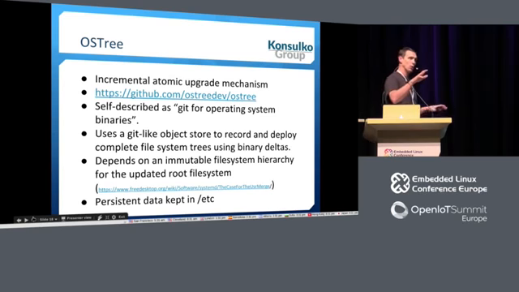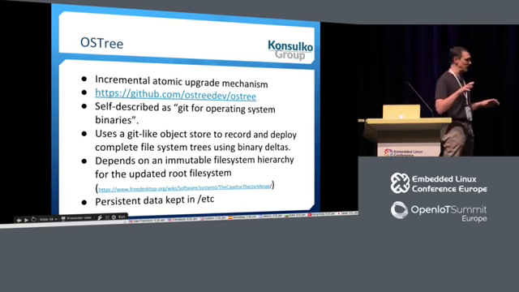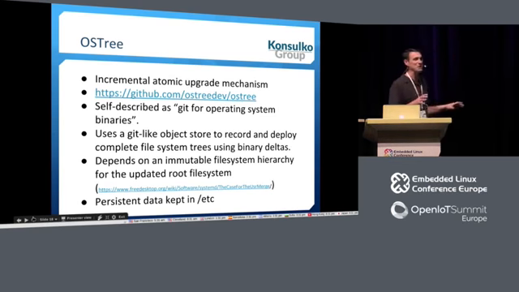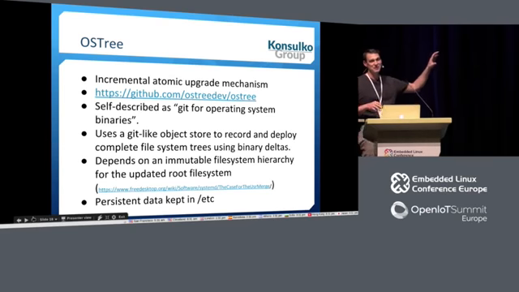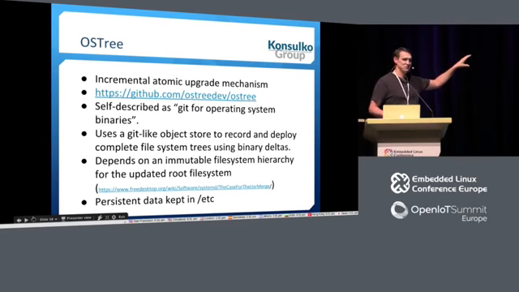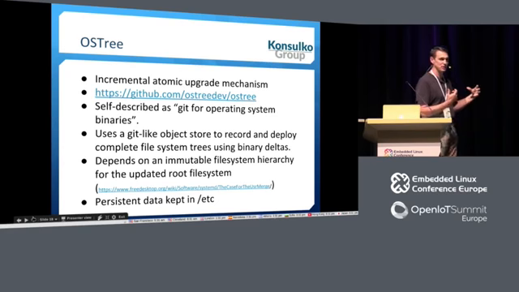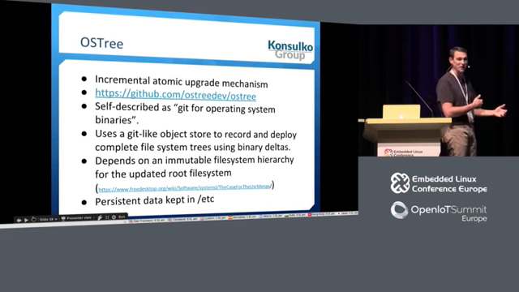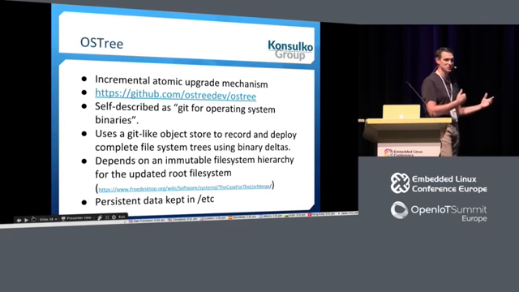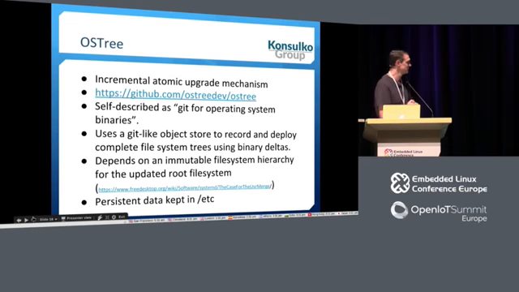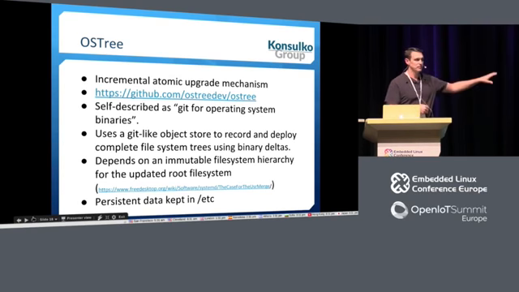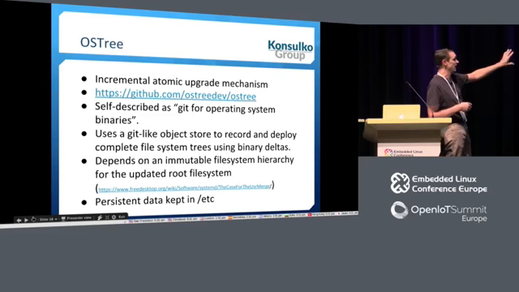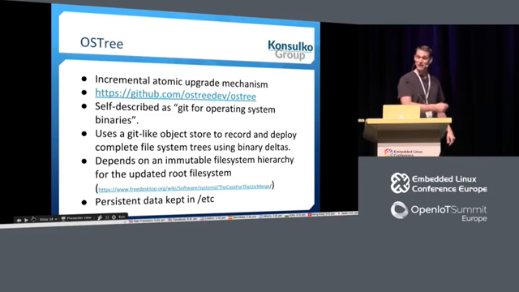And if you go and you work through some of the examples and play with it on your own systems, you'll see what they mean by that. Okay, because the file system itself is stored in a Git-like object store. All right, and as we said in the overview of these things, it's using binary deltas now, right, to track the changes between these objects, okay? And these depend on an immutable file system hierarchy, so it has, I can't even say that phrase today.